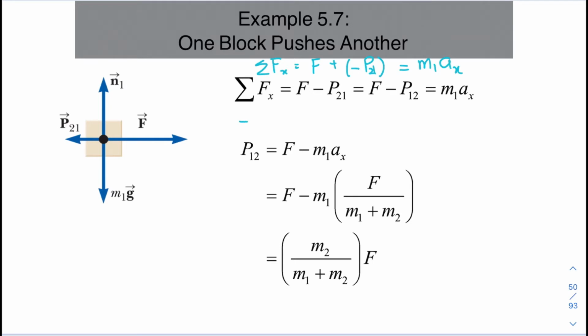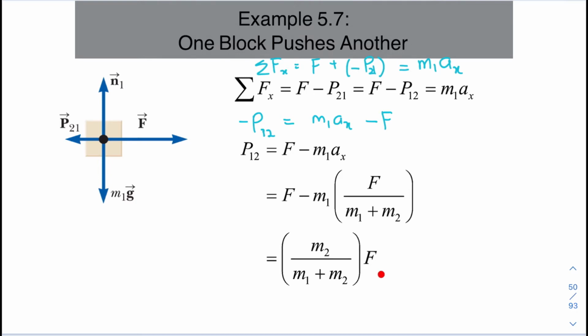From here, negative P12 equals M1 A x minus F. To eliminate the negative on both sides, multiply by negative 1, and you will get this. The A x here, again, you take from part A and substitute it here.